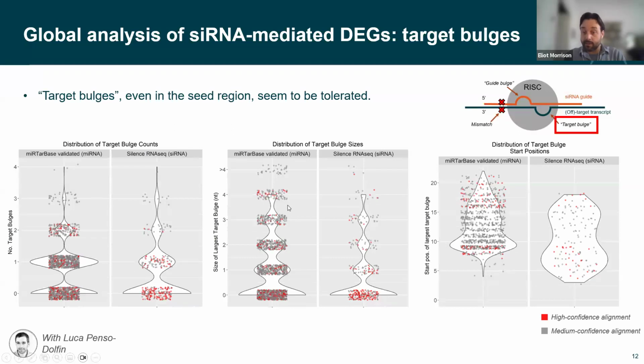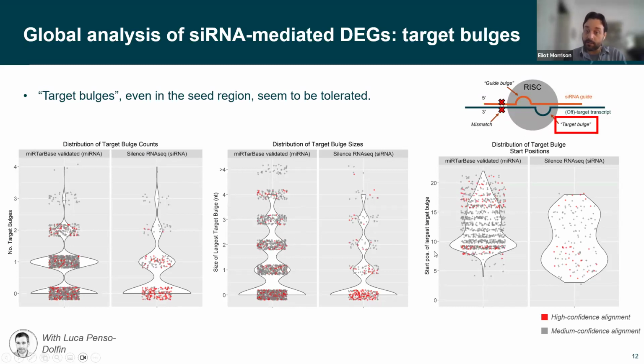So what I take from this is that target bulges of this size are at least not incompatible with the whole AGO2 RISC, guide strand, target site structure and sterics. That's quite a nice thing to see echoed in the microRNA alignments.